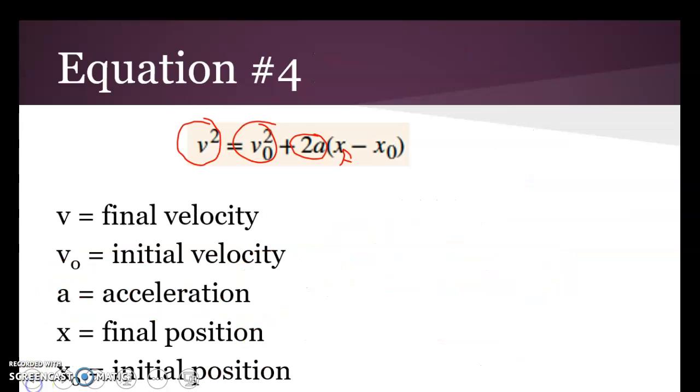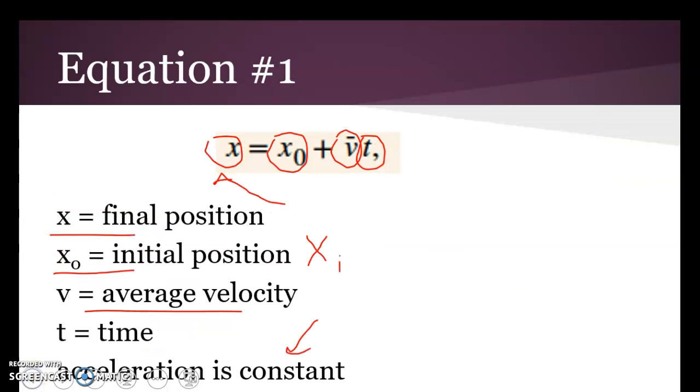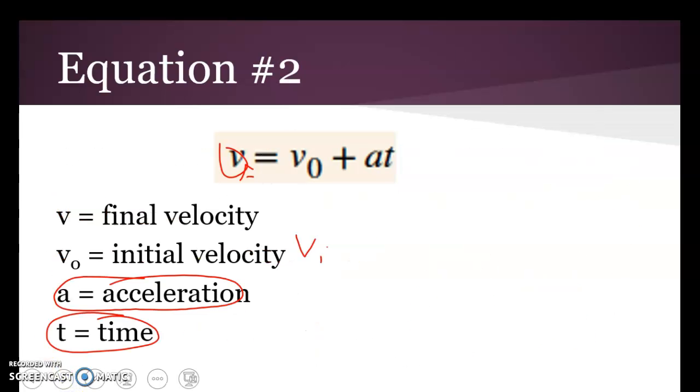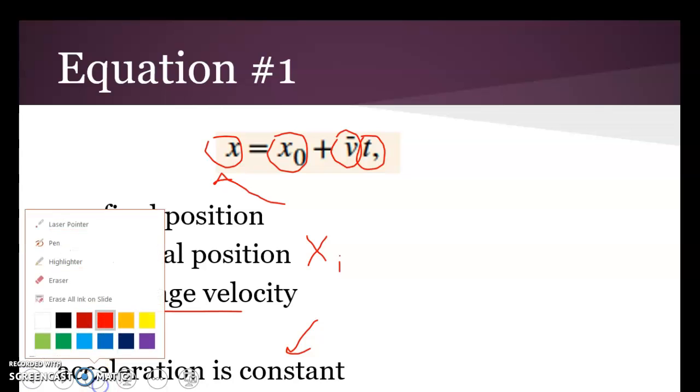Before I finish, I just want to go back and point a couple things out about these equations as you write them down. Equation 1, remember, acceleration is constant, so there's no acceleration, okay? Equation 2, if you look closely, there's no distance, all right? So there's no distance involved in equation 2.